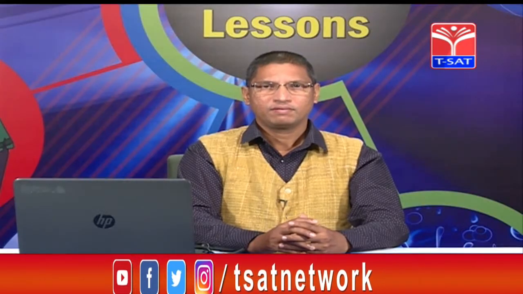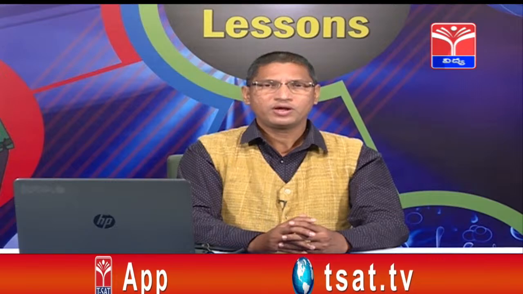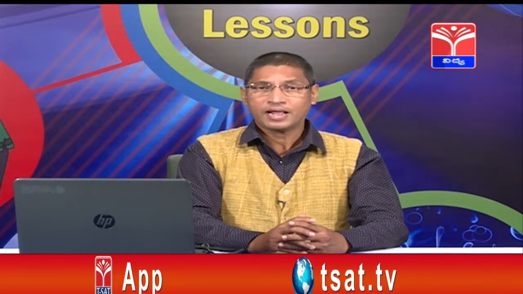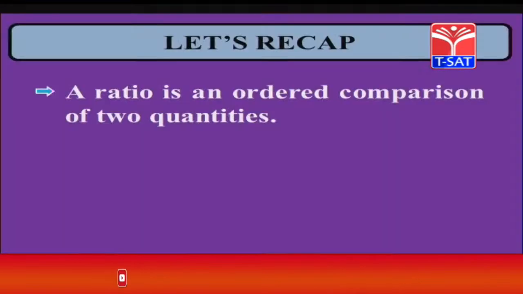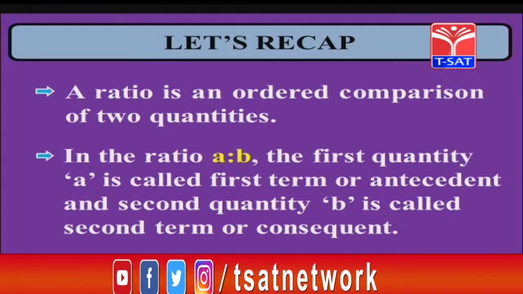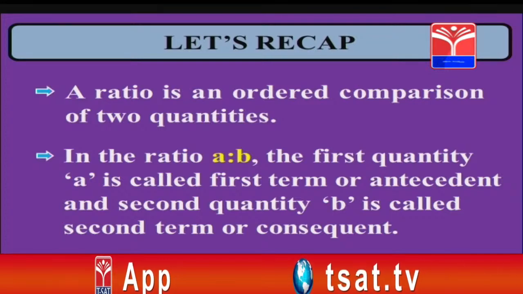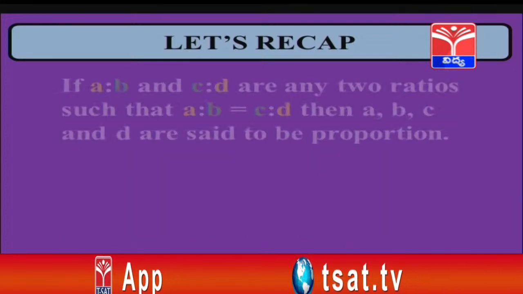So, children, we have learnt solving problems using the concepts that we have learnt. Now, before we end our session, let us quickly recap. A ratio is an ordered comparison of two quantities. In the ratio A is to B, the first quantity A is called the first term or antecedent, and the second quantity B is called the second term or consequent.